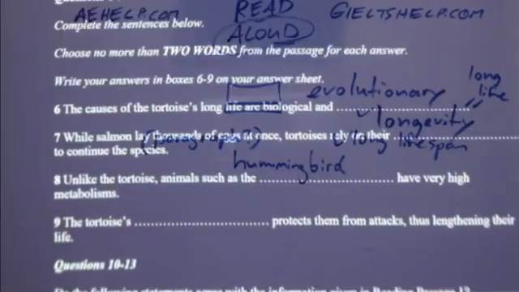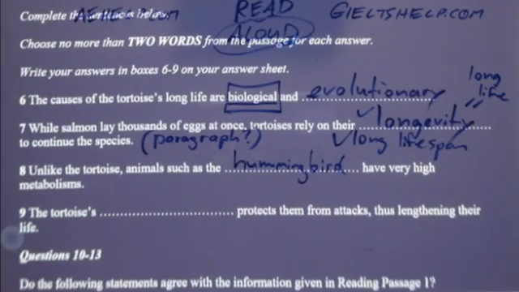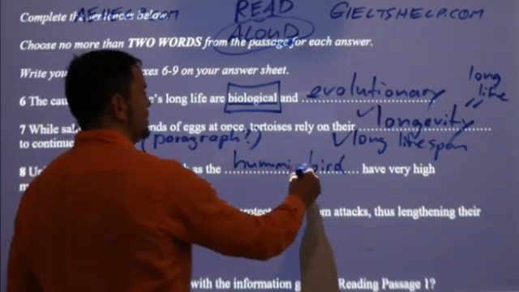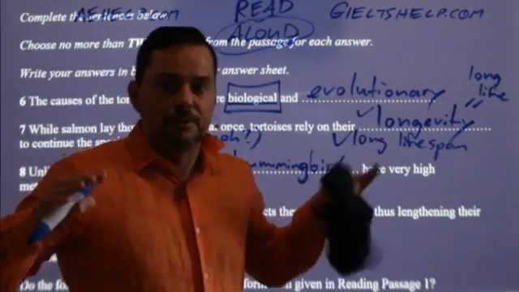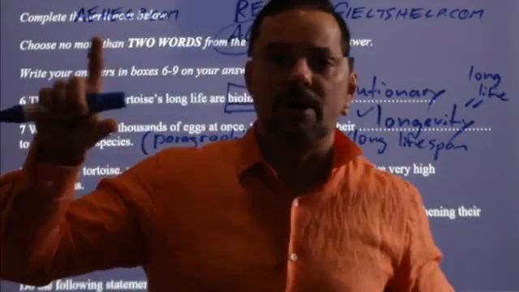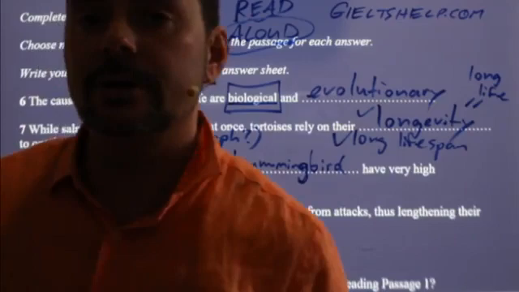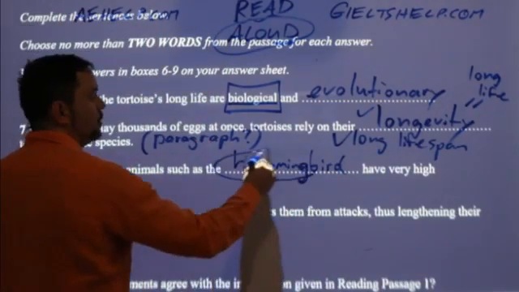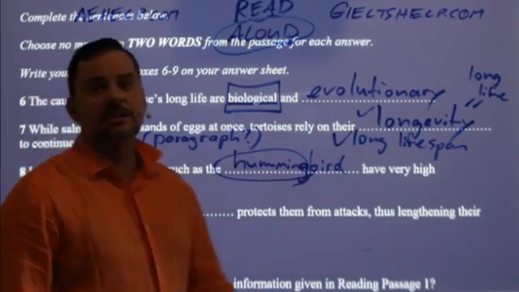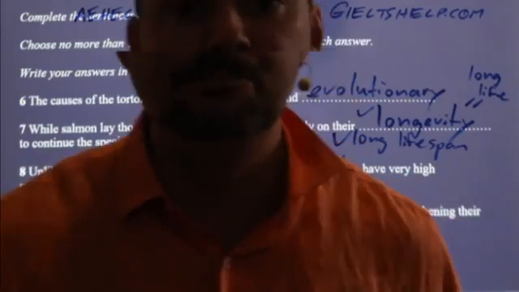So, hummingbird is right. Hummingbird is that very, very small bird that flaps its wings super, super fast and can stay in one spot in the air. Why is it called a hummingbird? Okay. Just some fun facts here before we go to the next question. The word humming, so it's a verb, hum. Hum means, okay.